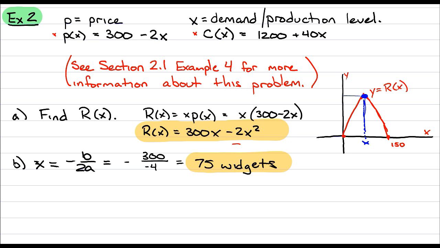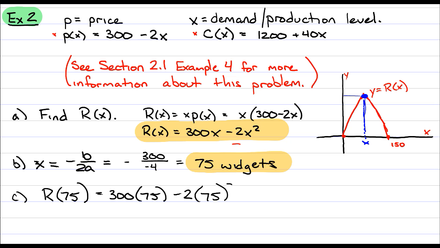So in part C, we're asked to calculate that, to find the maximum profit. So to do that, I know the production level which produces the maximum profit. I'm sorry, the maximum revenue. I've been saying profit for the last couple minutes. I mean revenue. So to calculate the actual maximum revenue, I plug 75 into the revenue function. So I get 300 times 75 minus 2 times 75 squared.